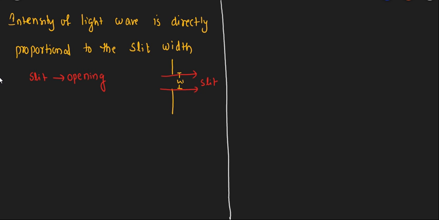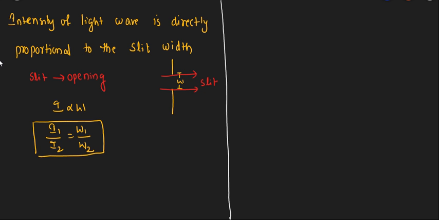And now we are saying that the intensity of a light wave is directly proportional to the width of the slit. When we write it in ratio form, we get I1 by I2 is equal to W1 by W2. If the slit width is more, then more intensity enters.